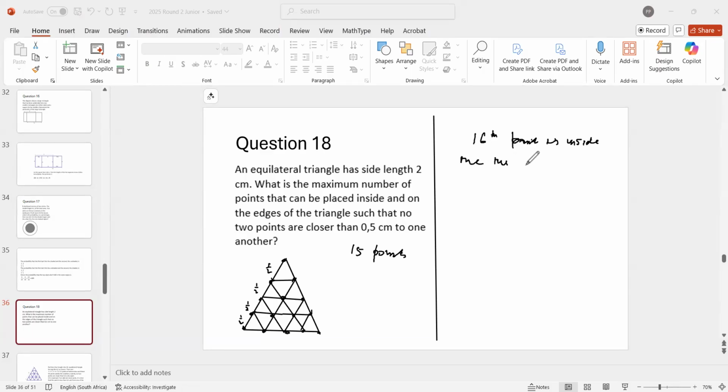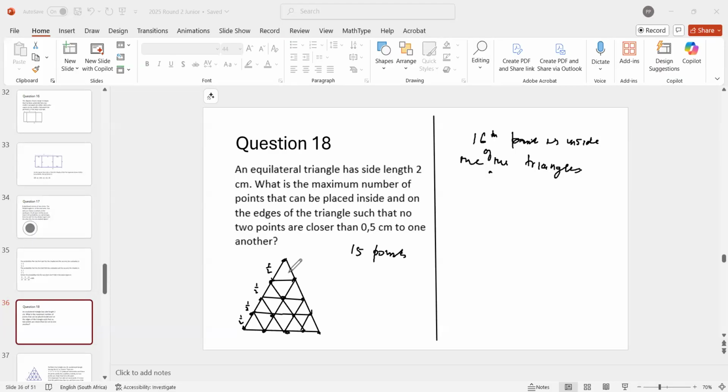It has to be one of the triangles. All right, so now I'm going to suggest that that point doesn't satisfy this condition.